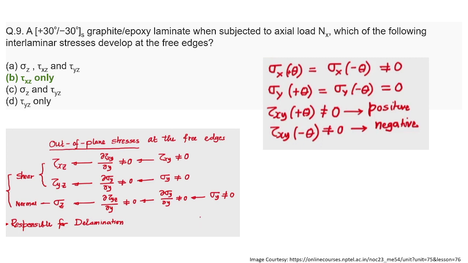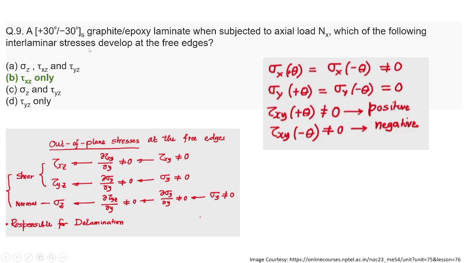The next question is, a plus 30 degree and minus 30 degree symmetric graphite epoxy laminate when subjected to axial load Nx, then which of the following interlaminar stresses will be developed at the free edges? So for any plus minus theta symmetric laminate, this is the condition which we will find the stresses, the value of the stresses we will find in such a way that the stresses in the x direction will be non-zero and equal, whereas in y direction it will be zero, and the shear stress will be equal but opposite in direction.